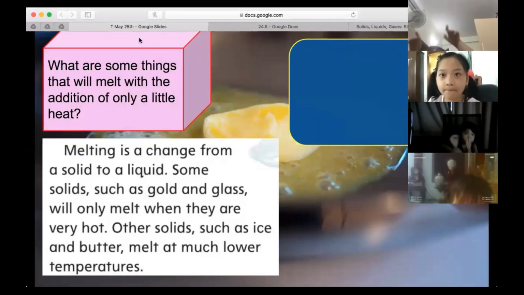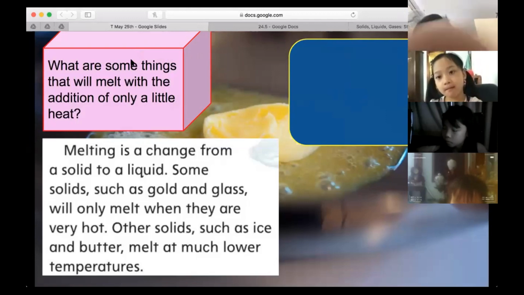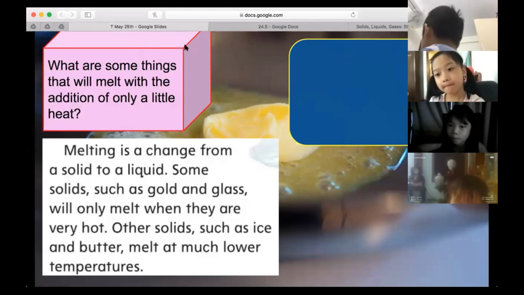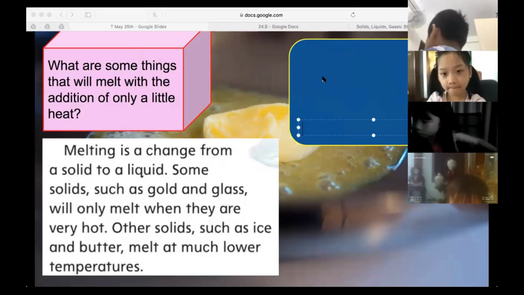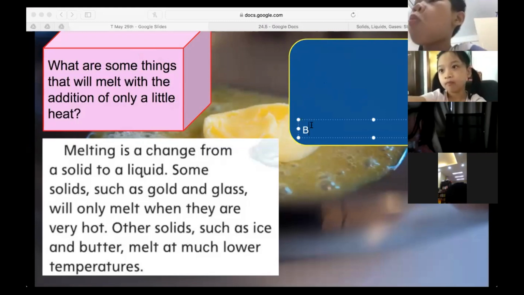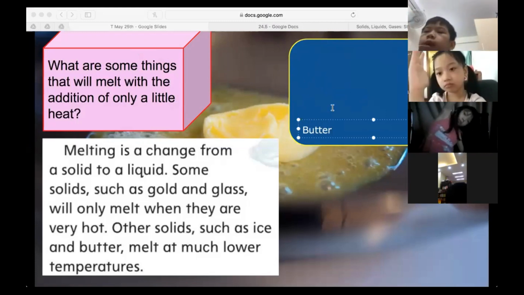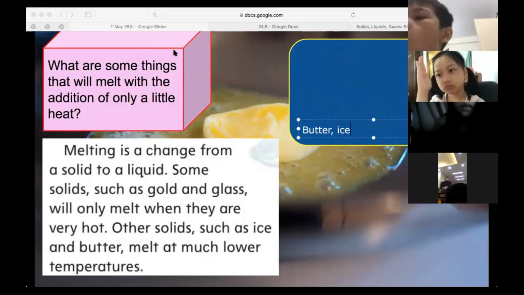What are some things that will melt with the addition of only a little heat? So what are some things that melt when you add just a little bit of heat to them? Raise your hand using the button on Zoom. And you cannot say butter or ice because they already told you those.